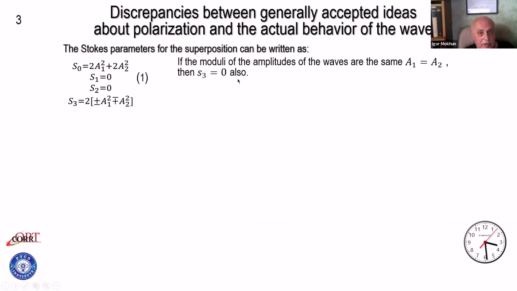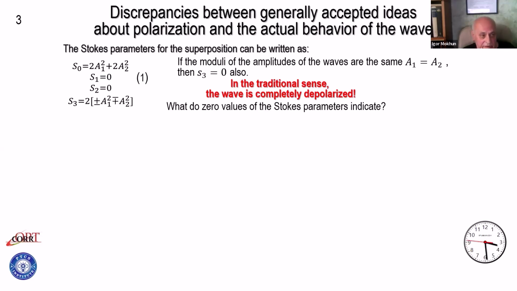If the moduli of the amplitudes of the waves are the same, then this parameter is equal to 0 also. According to classical concepts, such a resulting wave is depolarized, which generally speaking is not the case. Note that this is not the only case of contradiction between the classical description of wave polarization and the real situation.